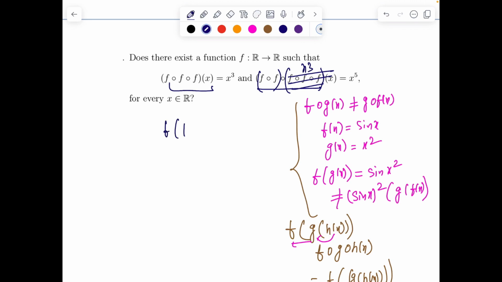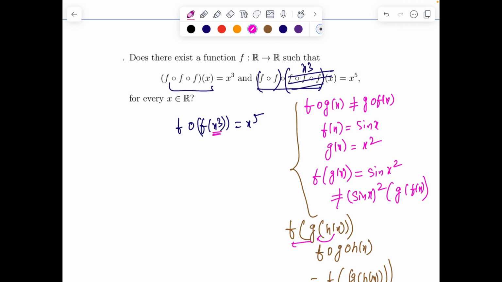So hence we have f of x cubed is going to give me x to the 5.